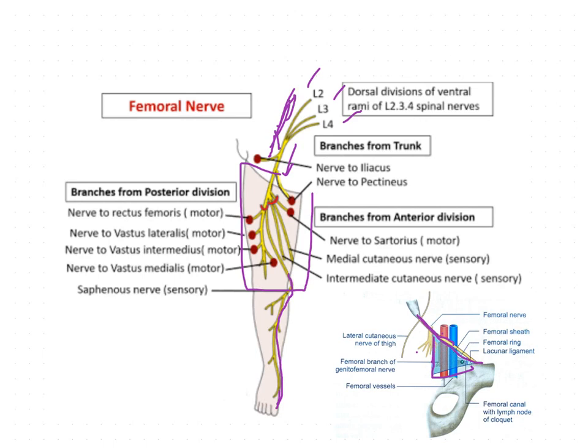The femoral sheath encloses only the femoral vein and artery, but the nerve is one of the contents of the femoral triangle.